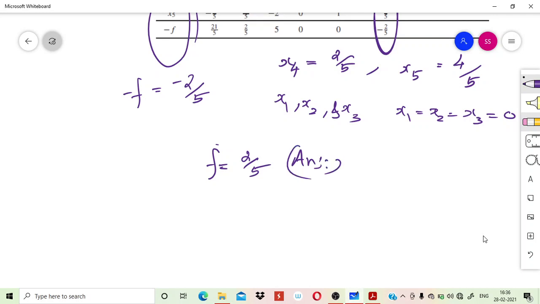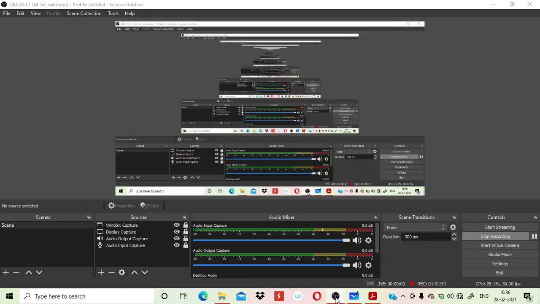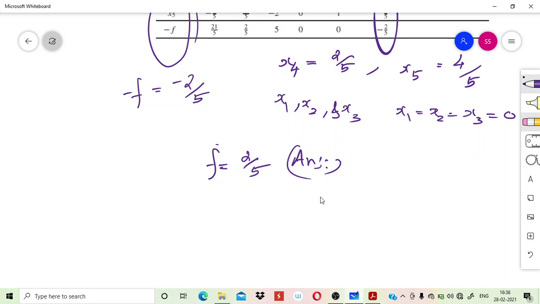Okay, this is our problem solving in the two-phase simplex method.